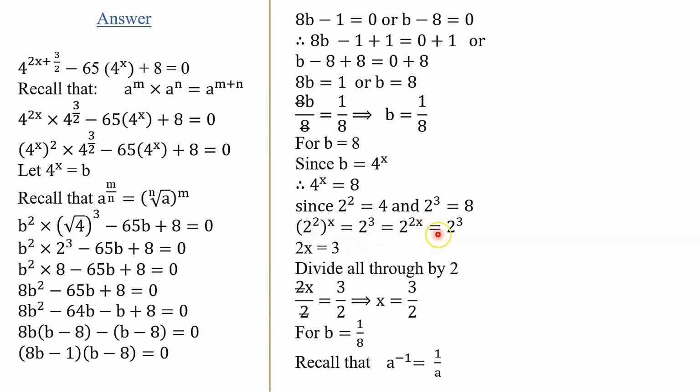However, for the second, which is b is equal to 1 all over 8, we should recall that it is very important to recall that a to the power of minus 1 in the laws of indices also implies 1 all over a. That is, in the laws of indices, when you have a negative index, a to the power of minus 1 is equal to 1 all over a.